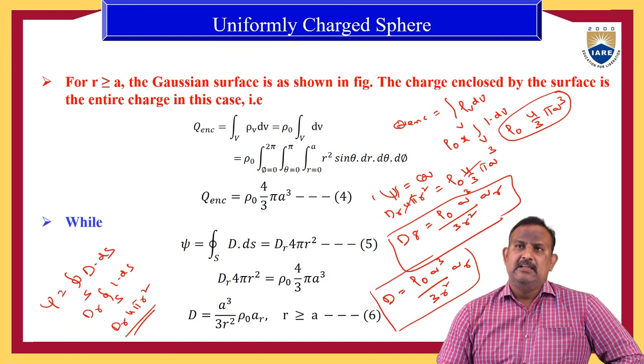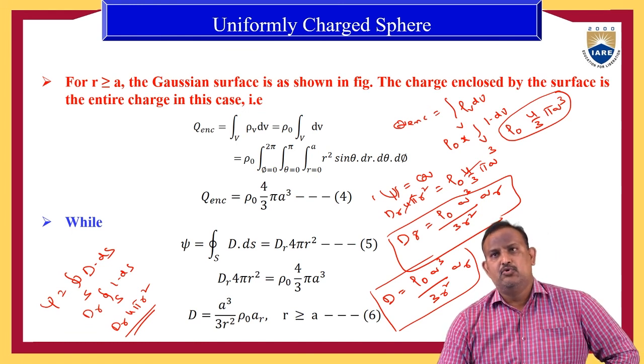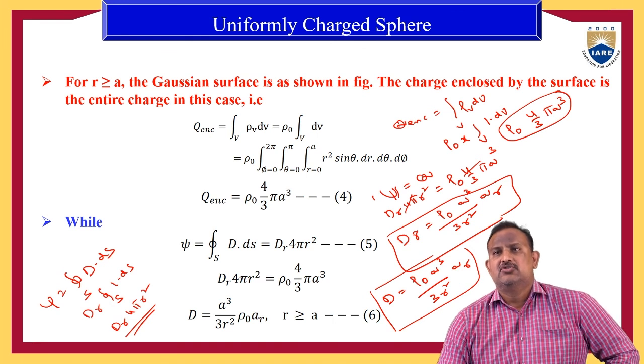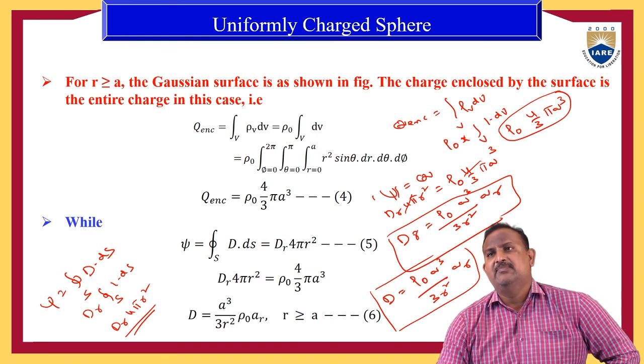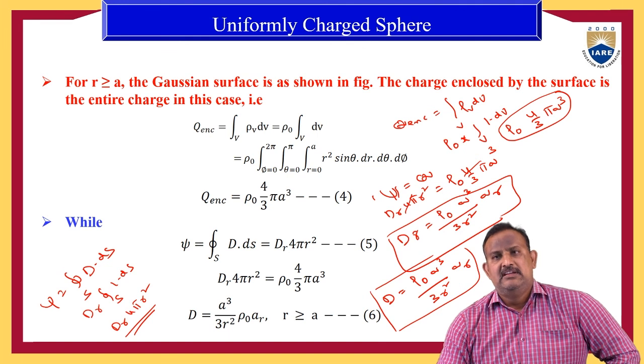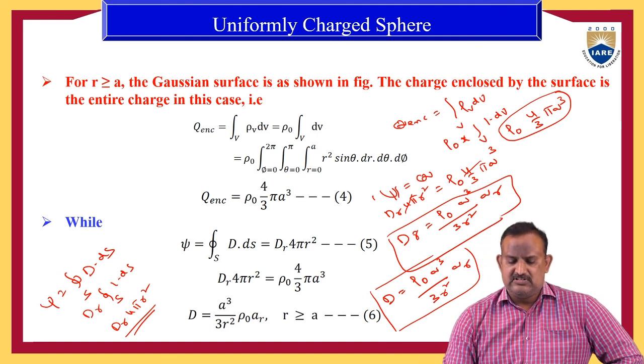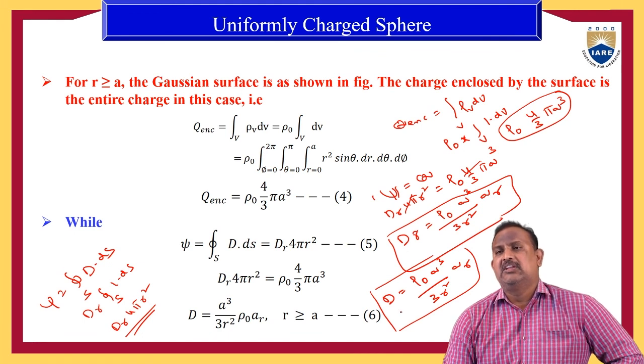So this is about the application of Gauss law to point charge, line charge, surface charge and volume charge. By applying Gauss law in a simple manner, we can derive the electric flux density and electric field intensity. From D we can find the electric field intensity also.